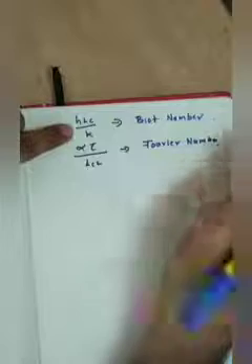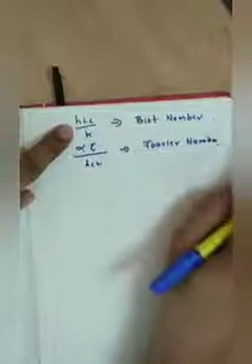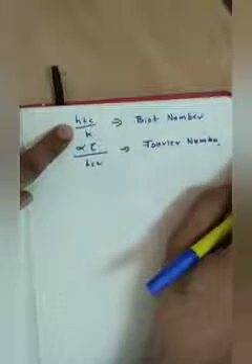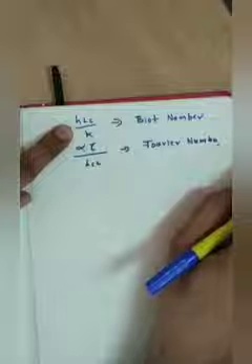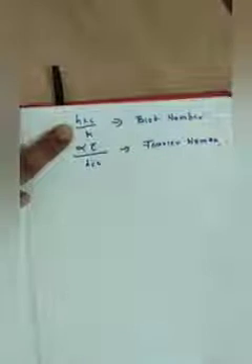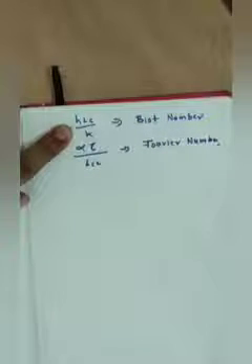You might have seen HL by K in convective heat transfer, that is Nusselt number. The only difference is that Nusselt number is for a fluid, here it is for a solid. Please keep it in mind.